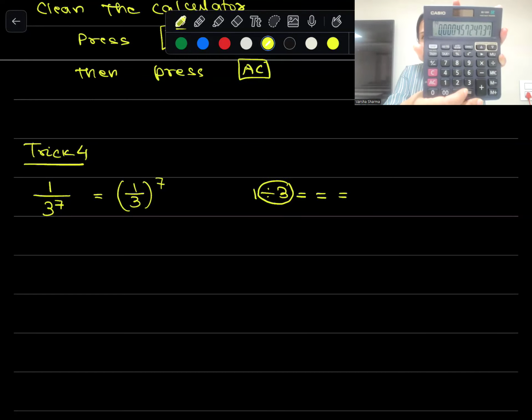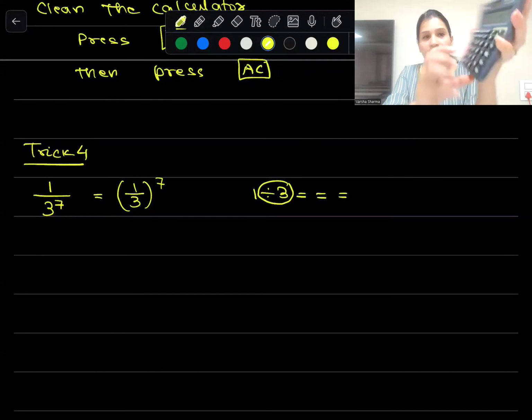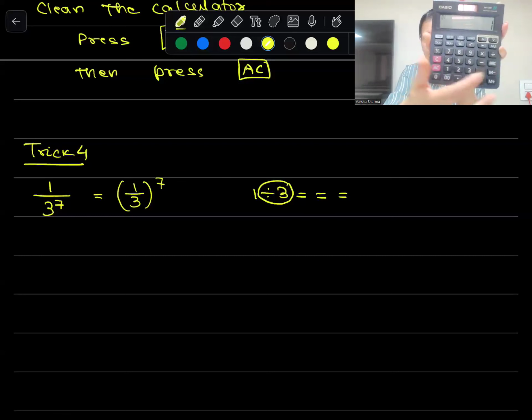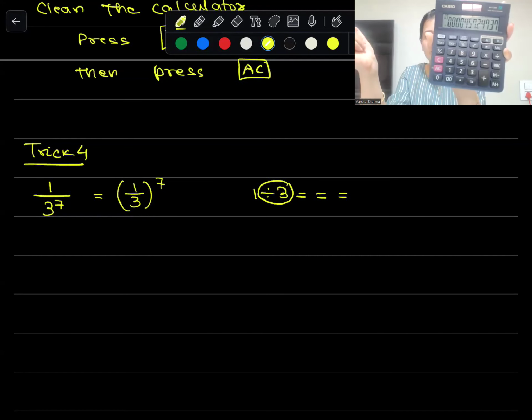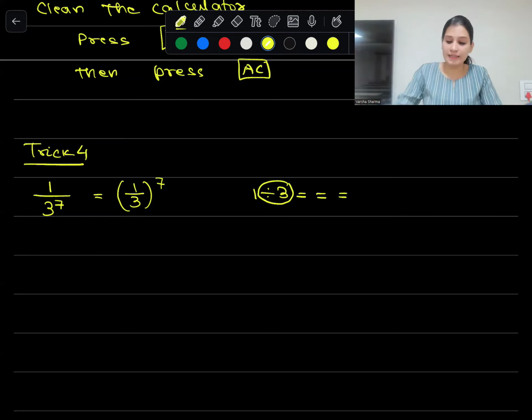Have you all got this answer? Yes, ma'am. Again, 1 divided by 3 equal 1, 2, 3, 4, 5, 6, 7. Clear? In this case, the count starts from 1.